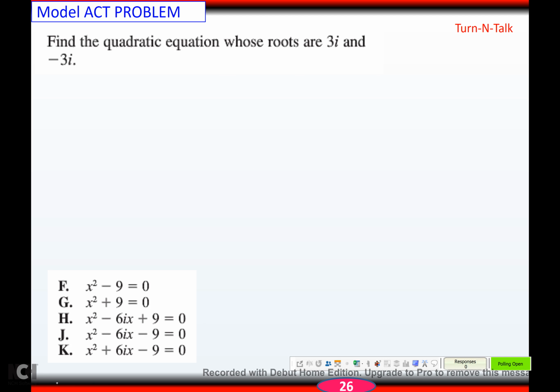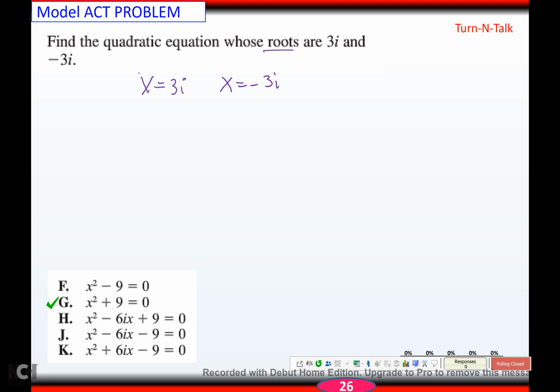Alright, try this one. Hit pause, come back when you're ready. And hopefully you got G. Alright, the quadratic equations whose roots, when they give you roots, they're telling you what x equals. So they're telling me that x equals 3i and that x equals negative 3i.